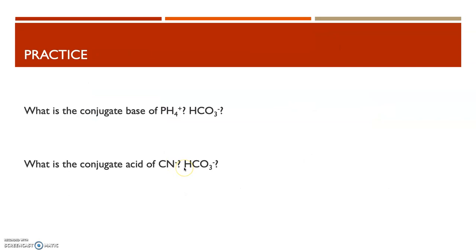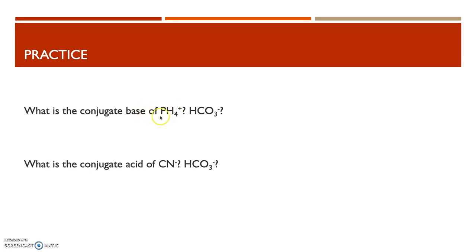So we can first practice identifying what conjugate pairs are. What is the conjugate base of this acid, PH4+? And what is the conjugate base of this acid, HCO3-? Well, again, a conjugate pair is going to be the exact same molecule except for a difference in a number of hydrogens.